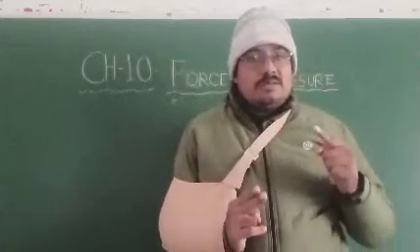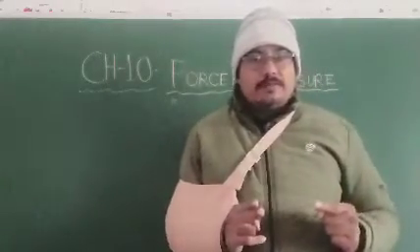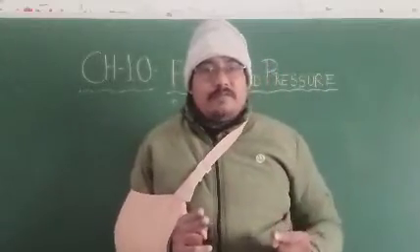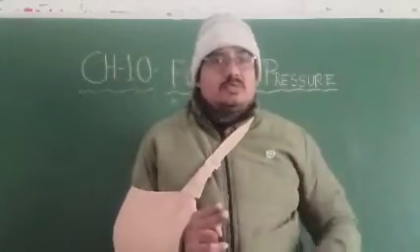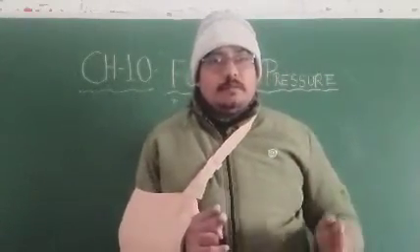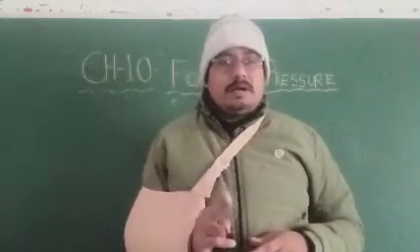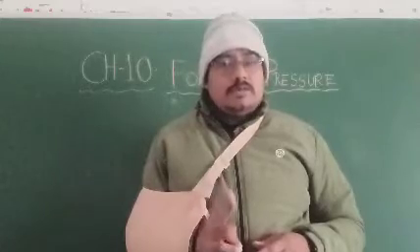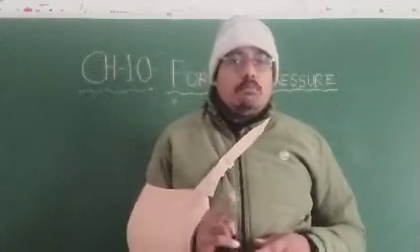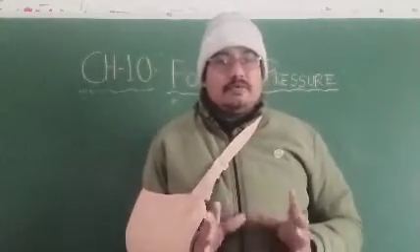So if you are cutting with a sharp knife and a broad knife, the sharp knife will cut very smoothly by applying less pressure. But the blunt knife will cut, but you have to apply more pressure to cut that fruit or vegetables.